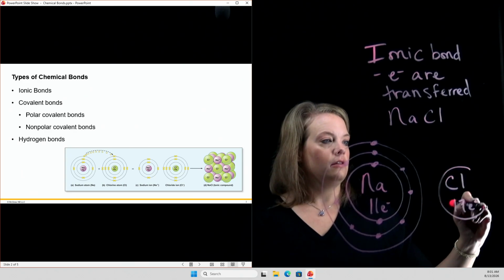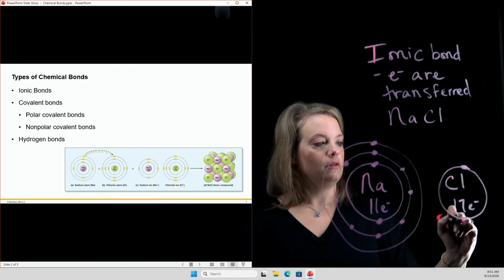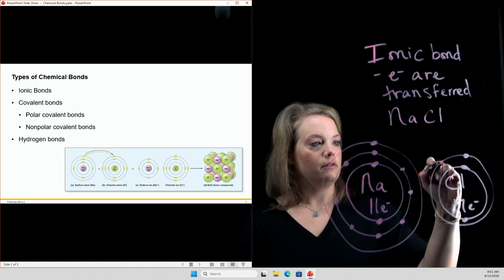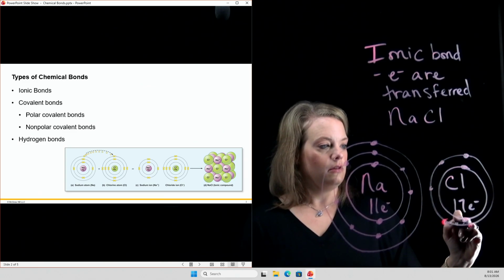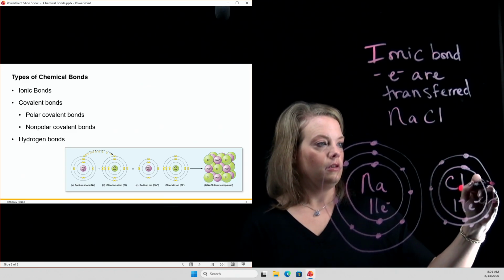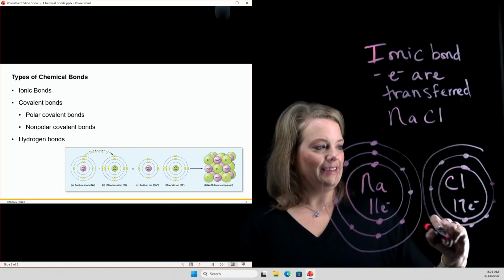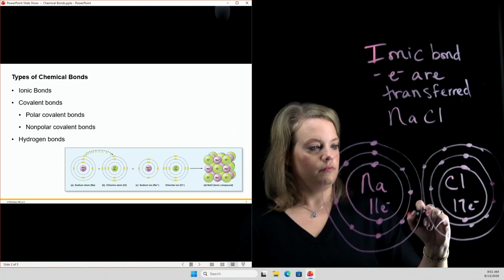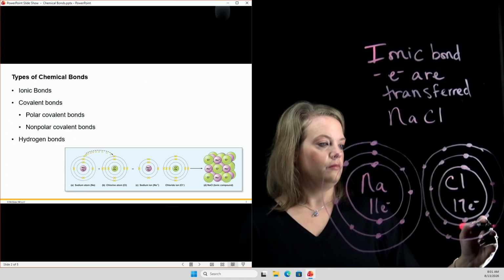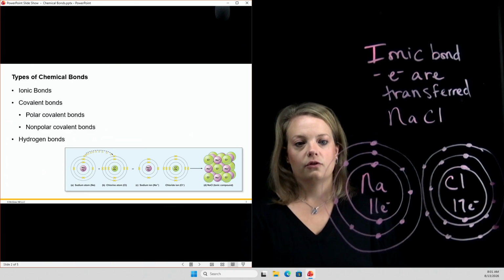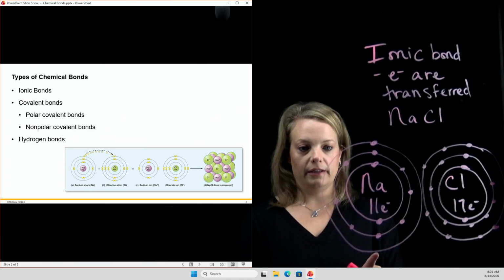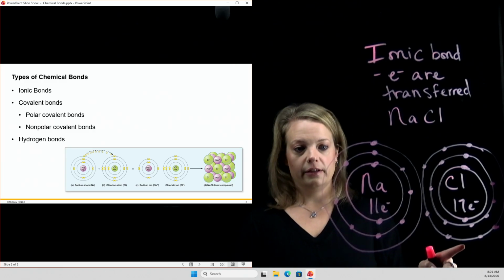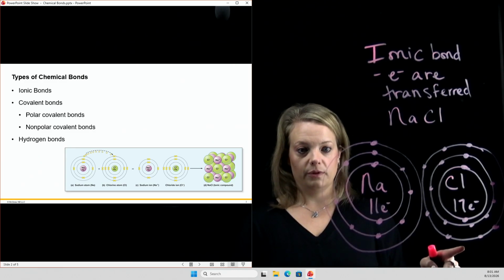Chlorine is going to have 2, 8, and 7. So sodium needs 7 more electrons to be stable. Chlorine needs 1 more electron to be stable.